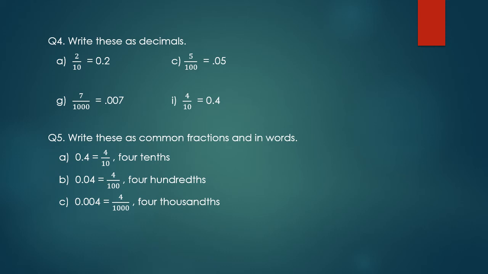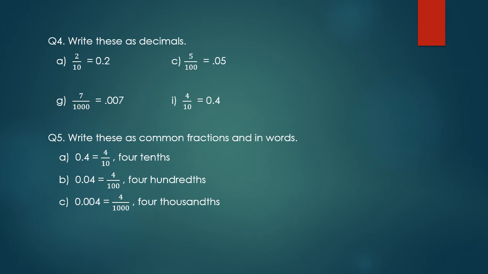Now see the C part, 5 upon 100. So you will write 5 upon 100 in decimal form as 0.05. Just see, you have to see how many zeros are there in the denominator. According to that, you have to put your decimal.